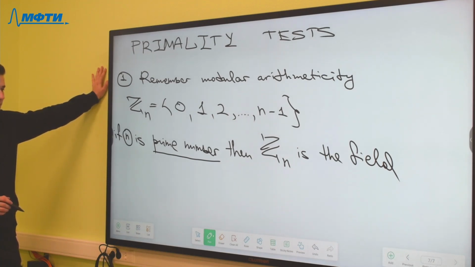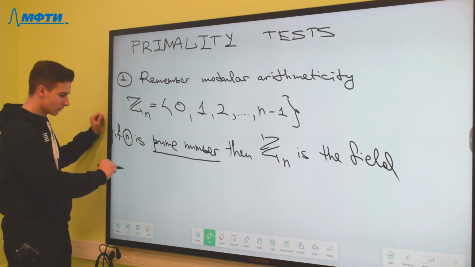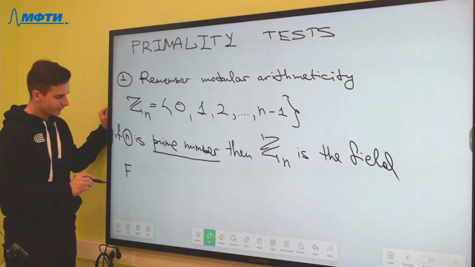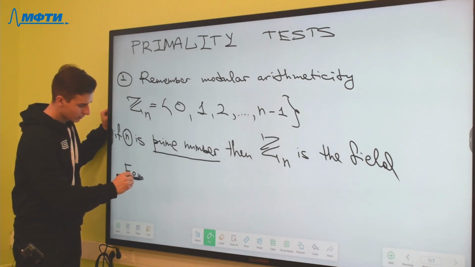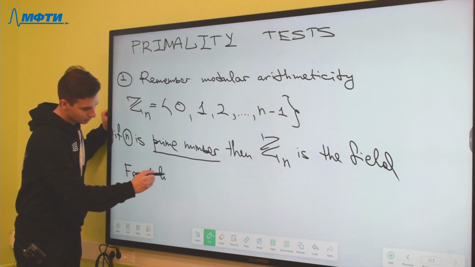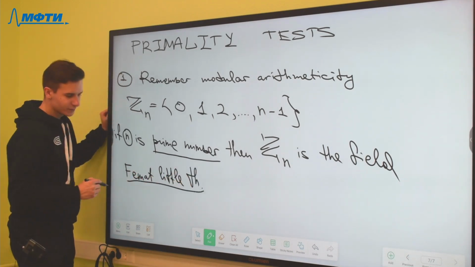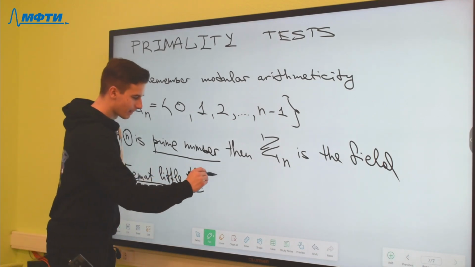And in this way, we can use this property and some corollaries from this statement. And what is the Fermat little theorem?